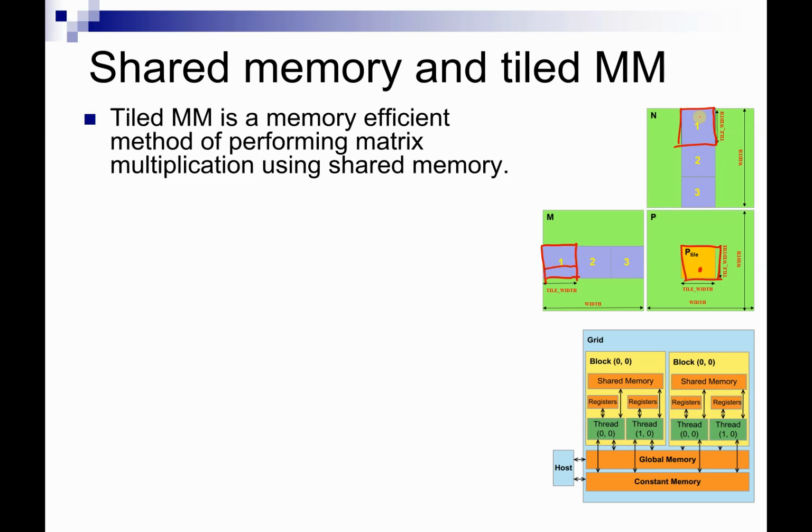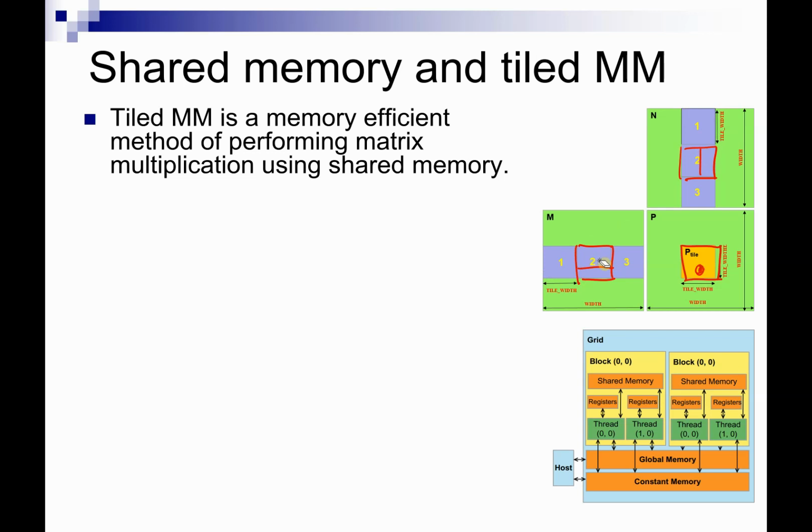Basically, they're going to read this data, take the dot product with that data, and get a partial value for what this should be. Then we go on to the second phase, and we load this second block of data from M and N. That allows them to get the next part of this row and the next part of this column, so they can compute more of this partial value over here.